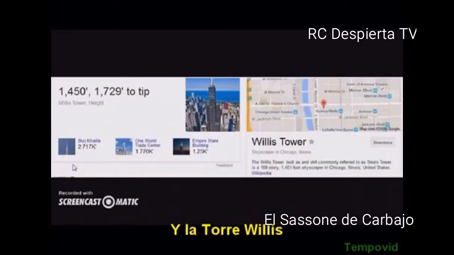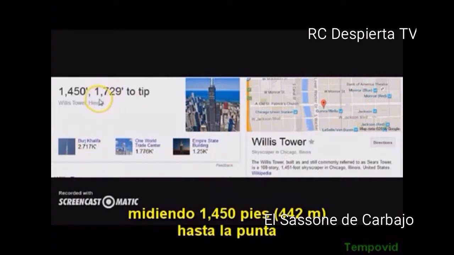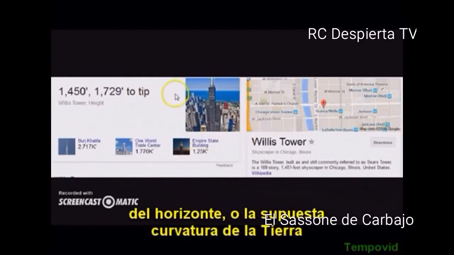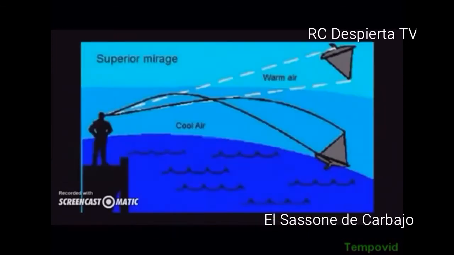So the Sears Tower, also known as Willis Tower, being 1,700 feet to the tip, the whole tower basically should be behind the horizon or the supposed curvature of the earth.